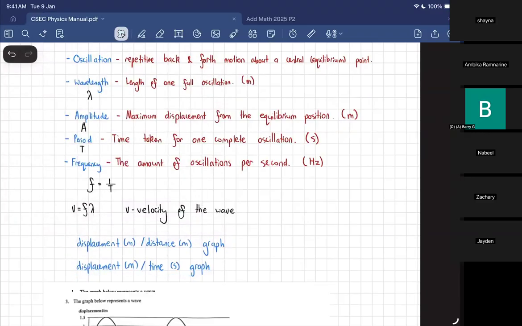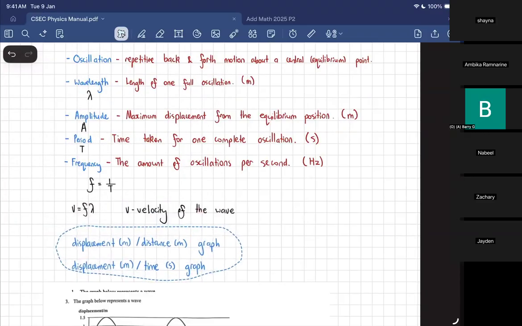So Ambika, as soon as you have everything copied down, let me know.